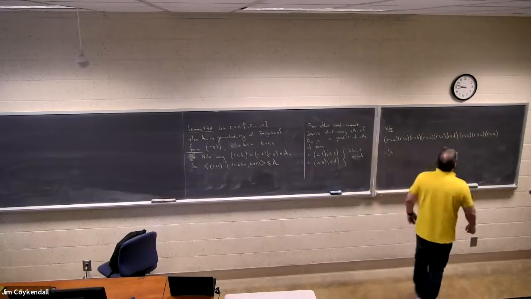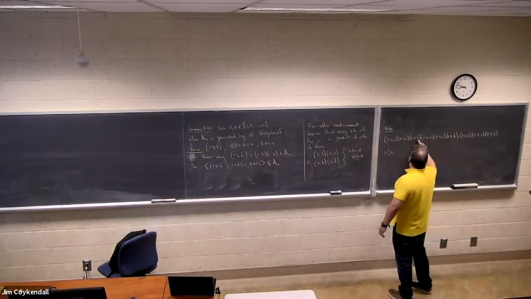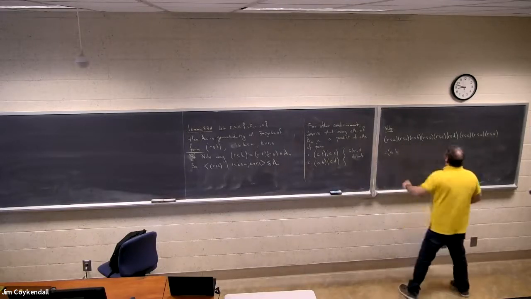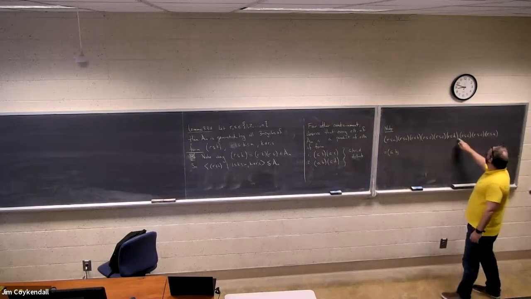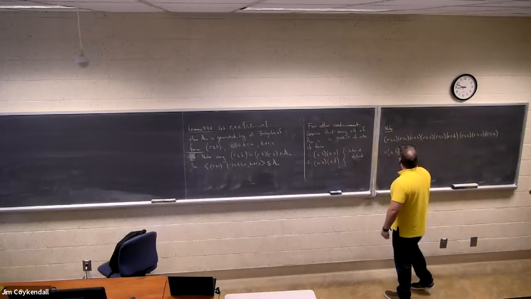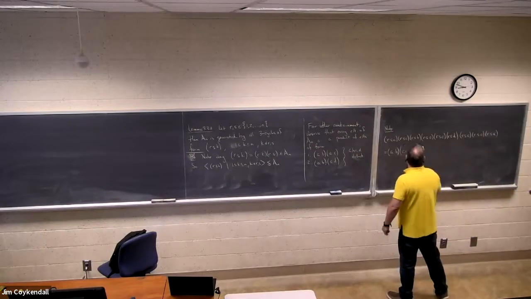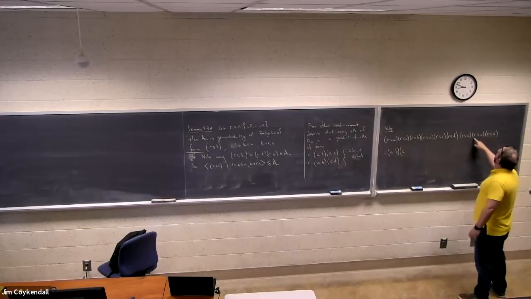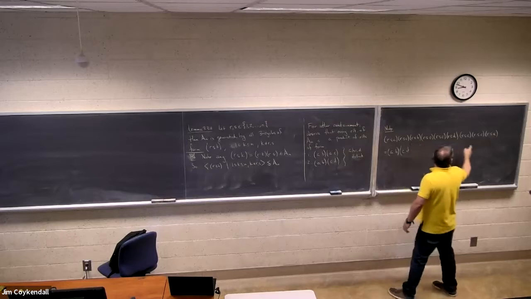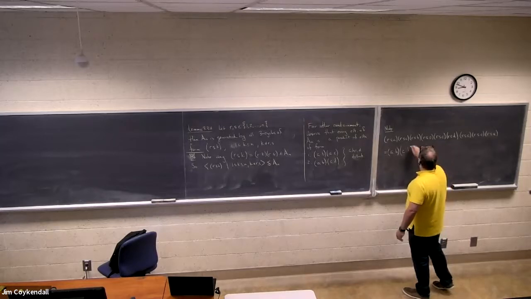See if I got it right this time. D goes to R, S, C, R, S, B. There we go. A goes to B. B goes to, where does B go? Goes to R, S, A. So it's closed off there. And let's see, where does C go? C goes to R, S. D is done. D goes to R, S, C, this done.